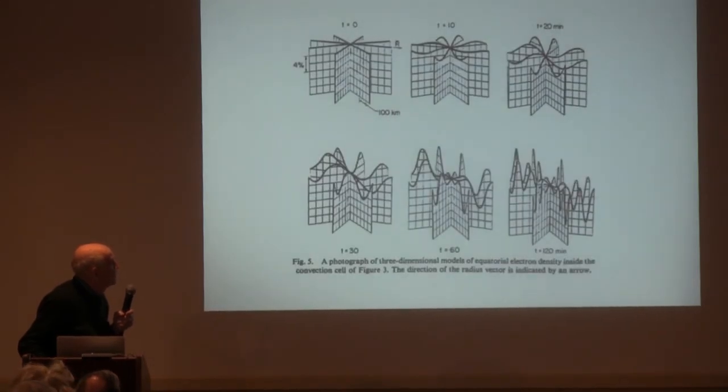And he also studied the development of irregularities in the ionosphere, the upward extension of thundercloud electricity, which might allow you to understand the development of a Whistler duct that would guide the energy between conjugate points.